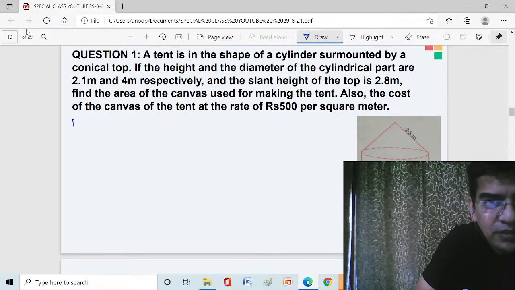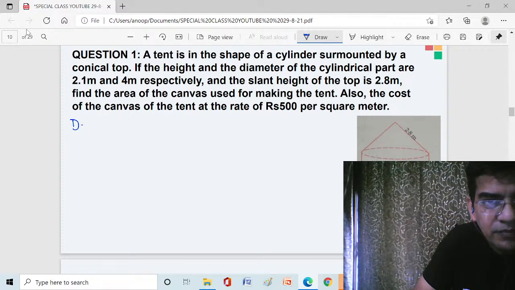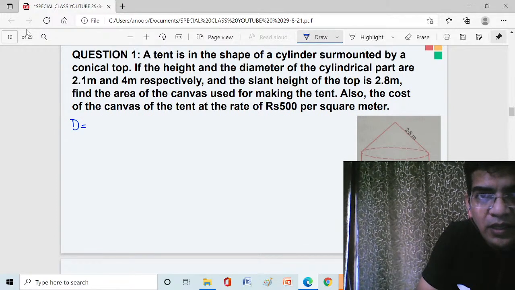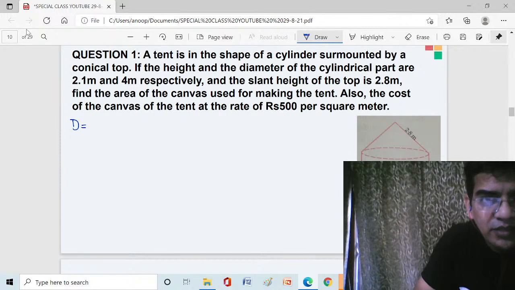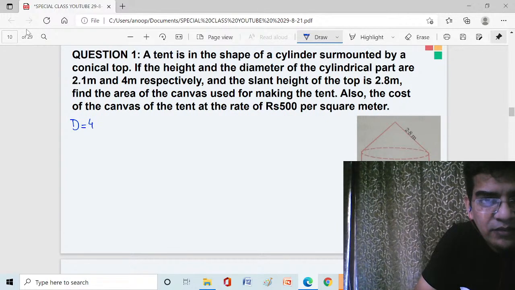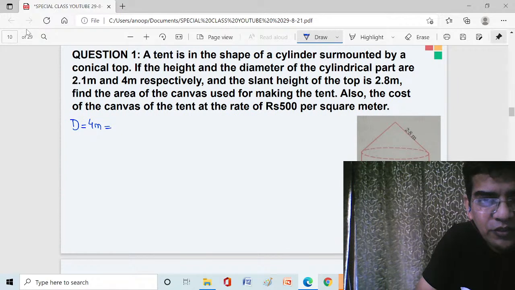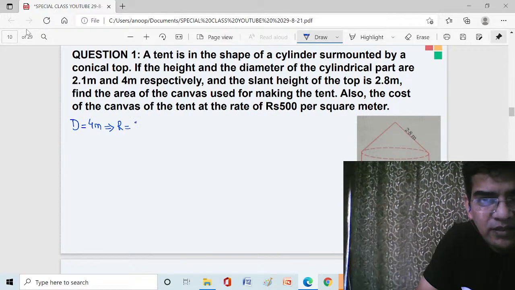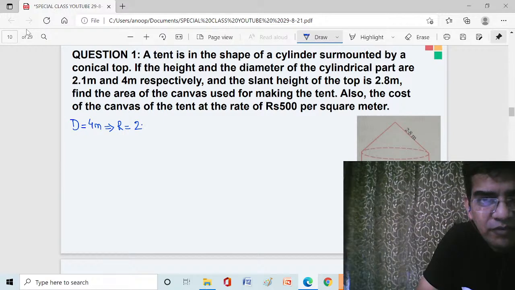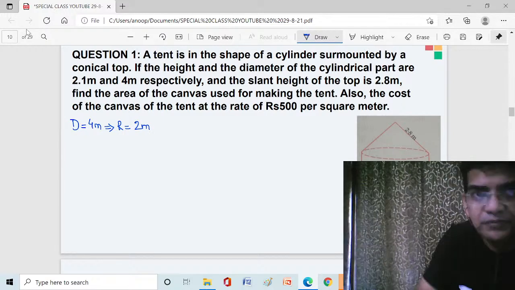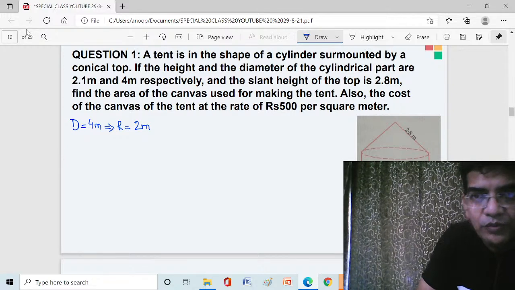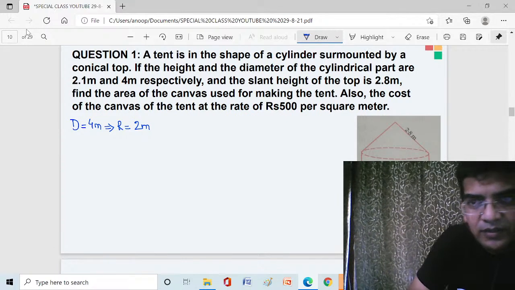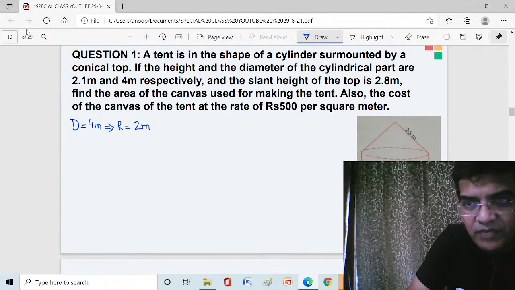The diameter given to us is 4 meter. So from here you can get the radius. Radius will be half of it, so we can say that the radius is 2 meter. So we have got the radius for both.